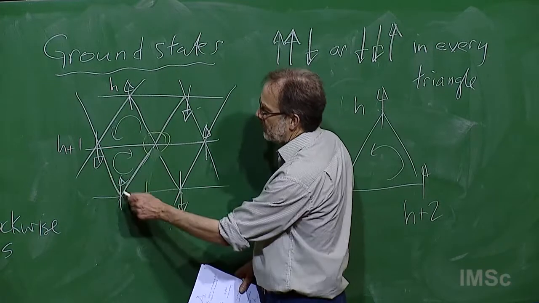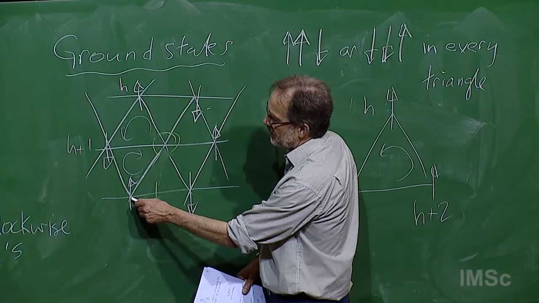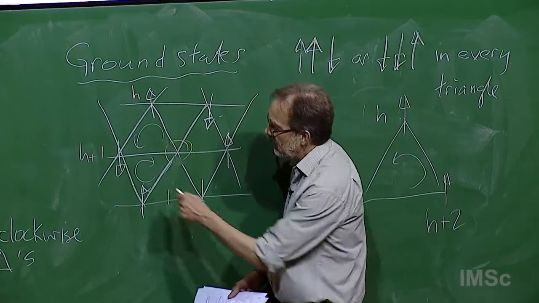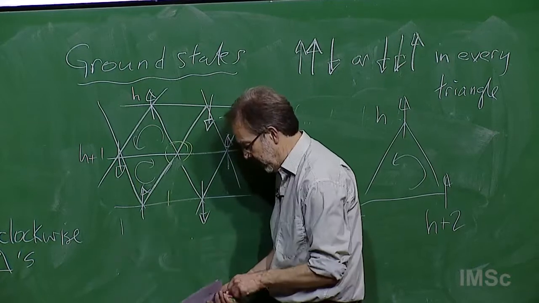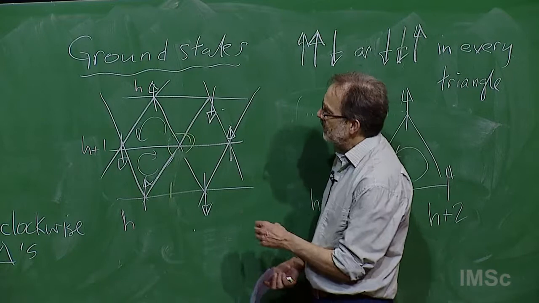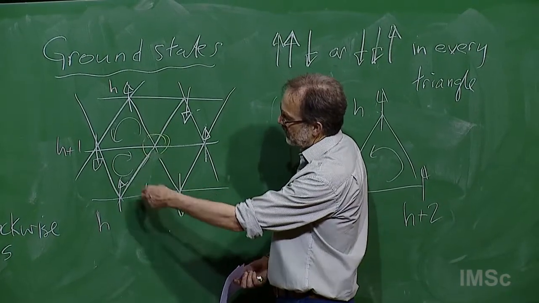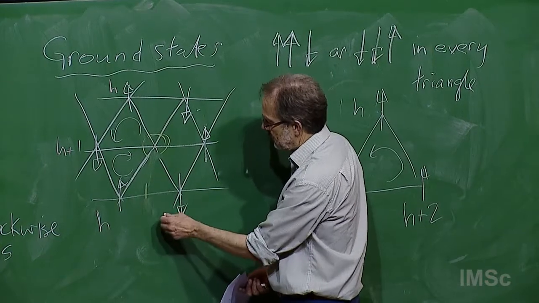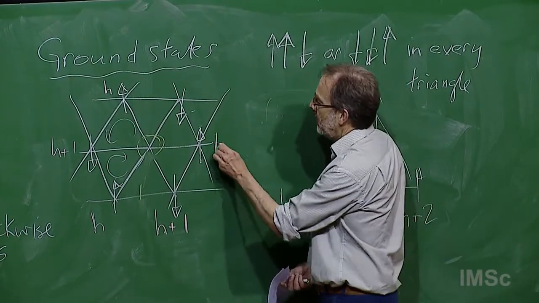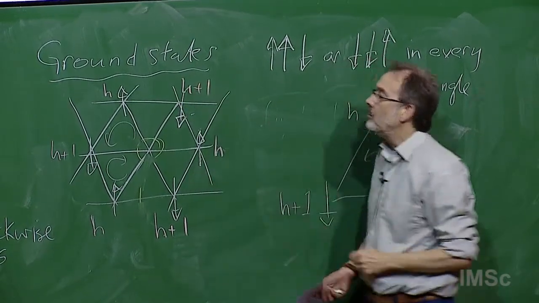So when I go across this bond, it's unfrustrated, but I'm going in the opposite direction to my convention. So I step down 1 unit, so the height here is h again. And then this is an upward pointing triangle, so I go around it clockwise, so the height here is h plus 1, and then here I go down to h, and here it's h plus 1.